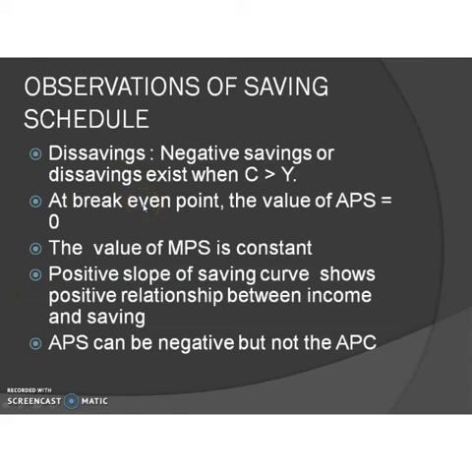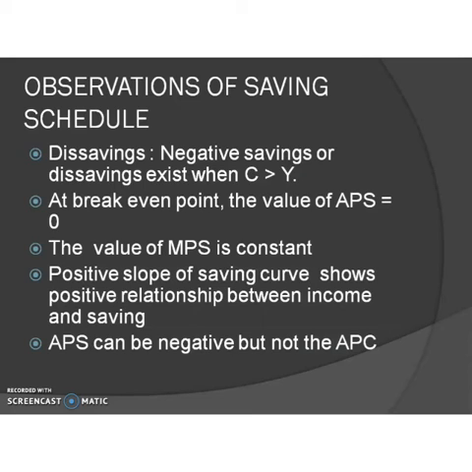The point at which income is equal to consumption. So at this point, the value of APC is equal to 1, then the value of APS is equal to 0. Then the value of MPS is constant, representing the constant slope of the straight line saving function.